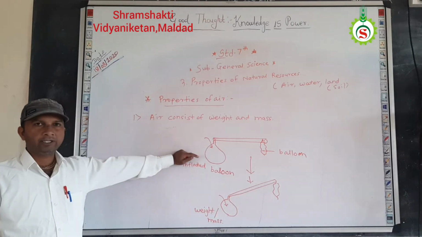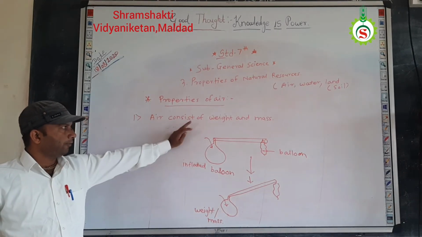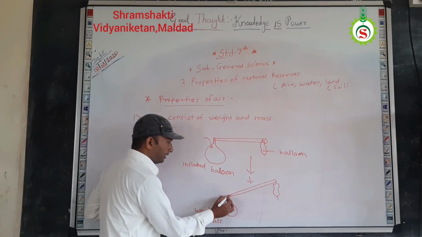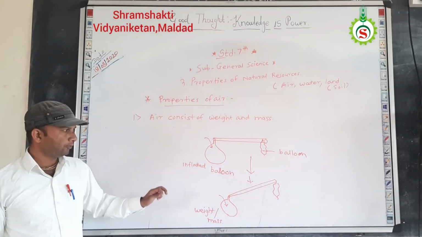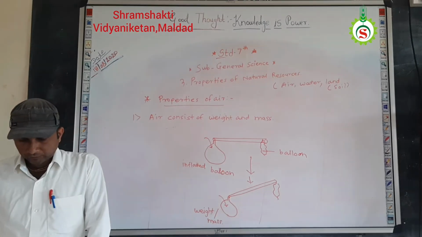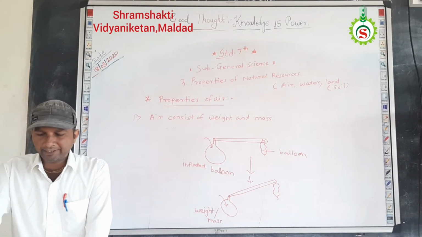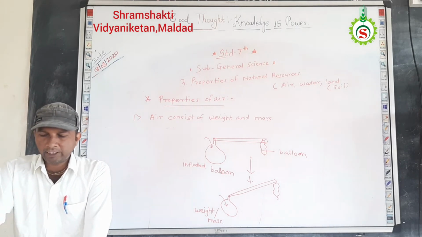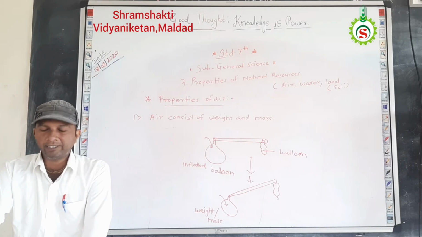From this activity we conclude that air has weight and mass, because the straw which has the inflated balloon goes downside. So the stick goes down on the side of the inflated balloon. This means that air has weight. Air is a mixture of gases, therefore like all matter, it also has mass and weight.